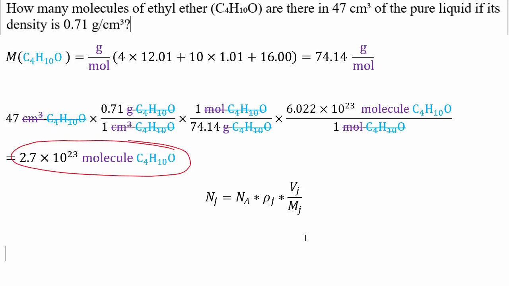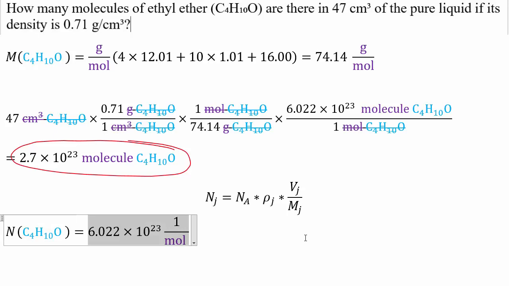In the formula, we substitute J with the identity of the substance, which in this case is the molecular formula of the substance. Then, we substitute Avogadro's number with 6.022 times 10 to the power of 23 in units of 1 per mole.